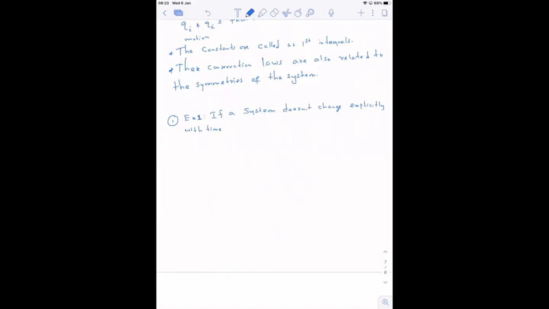What that means is the system is the same at different stages of time, right? When the time goes on, the system doesn't change, right? You have a system that is the same at different instances of time.